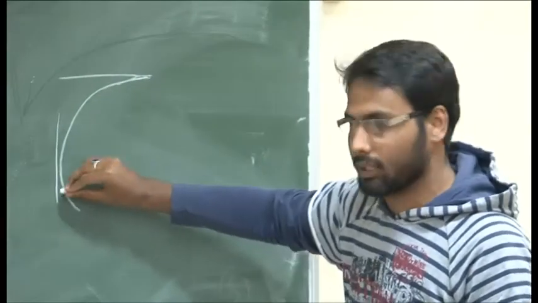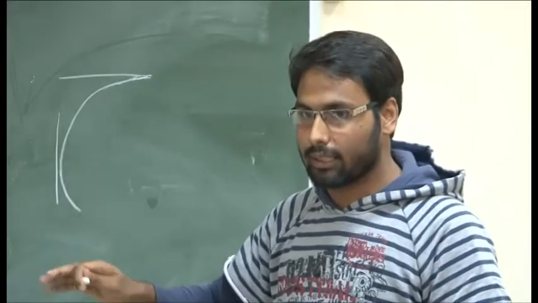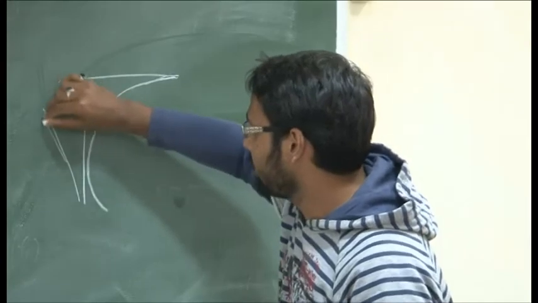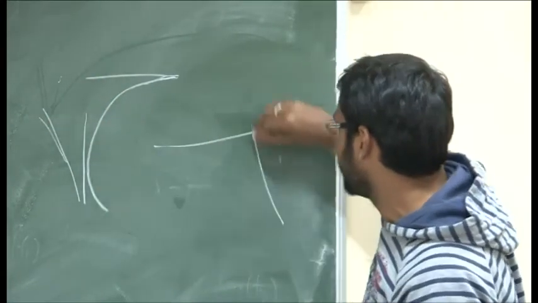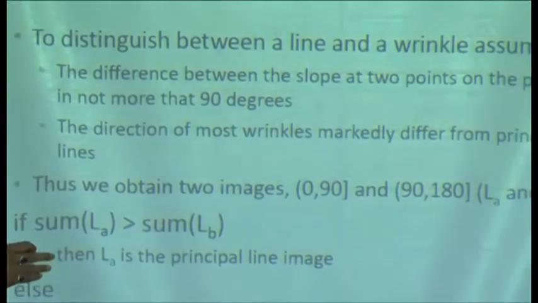The other is to remove some of the general wrinkles. Most of the wrinkles run in some other direction than the palm prints. So using these two properties, we consider two intervals.